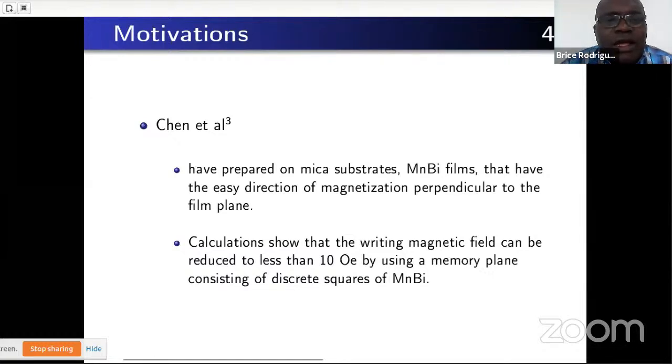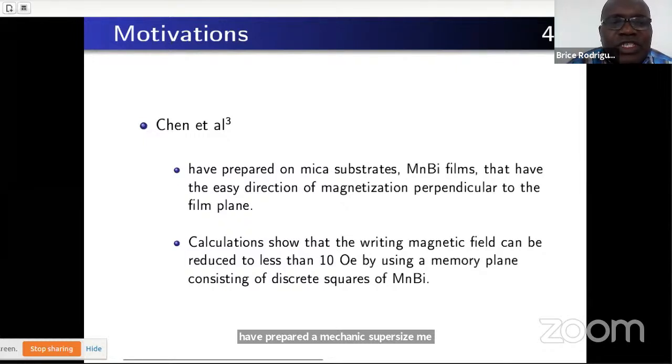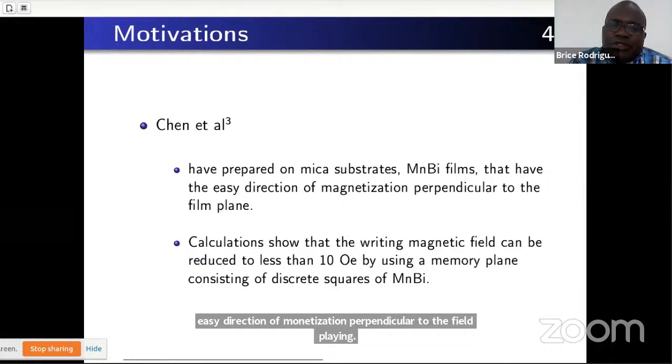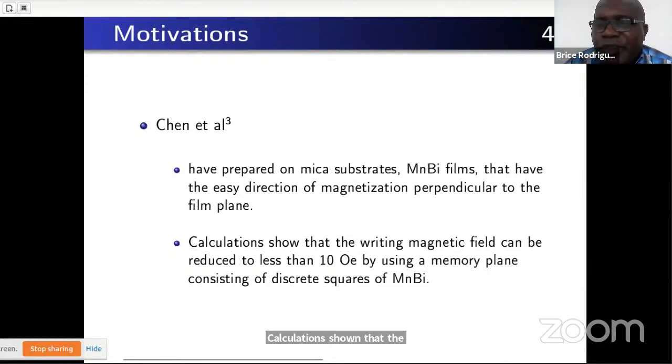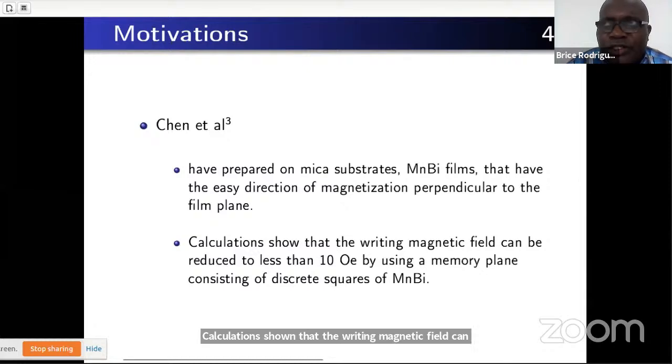Also, Chen et al. have prepared a mica substrate MnBi film that has the easy direction of magnetization perpendicular to the film plane. Calculations showed that the writing magnetic field can be reduced to less than 10 Oe by using a memory plane consisting of discrete squares of manganese bismuth.